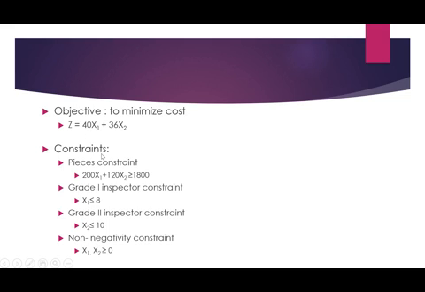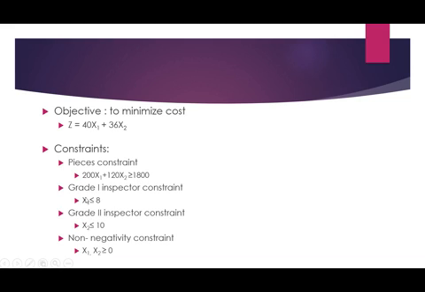Okay, coming to the constraints part, the number of pieces constraint. 200 can be inspected by inspector 1, 120 by grade 2 inspector. So 200x1 plus 120x2 should be greater than or equal to 1800.